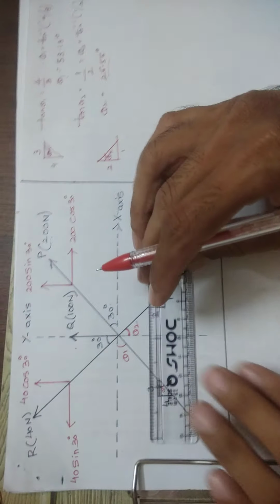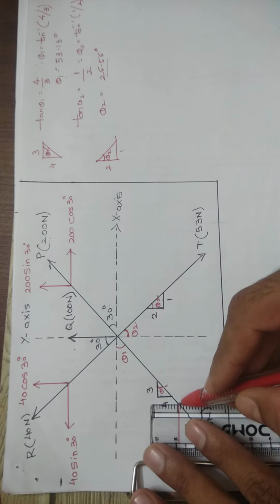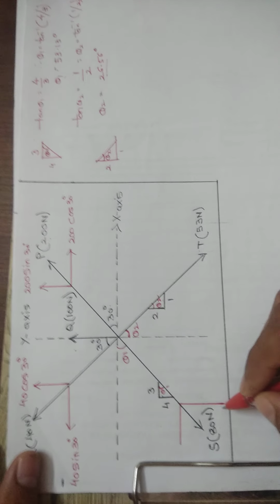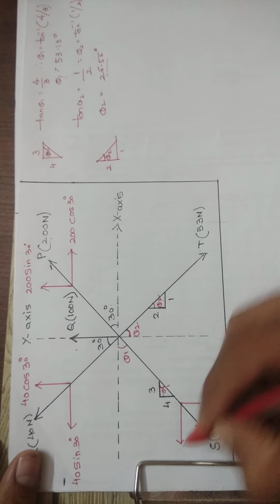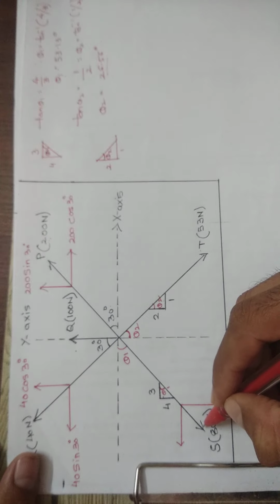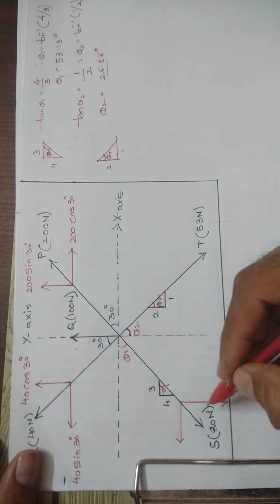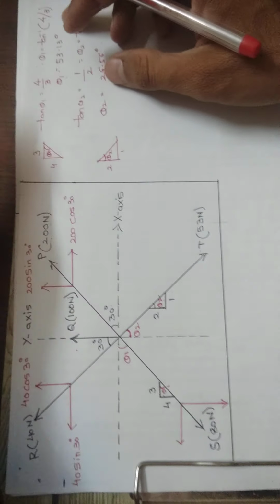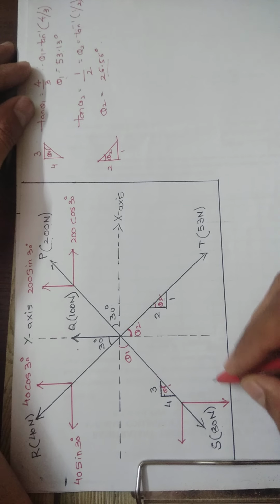Again we will resolve this into two components. For convenience we are directly resolving along the directions. While resolving you have to see the directions also. These forces are all away from the point. In some cases it is towards the point, so we have to solve as per the directions also.